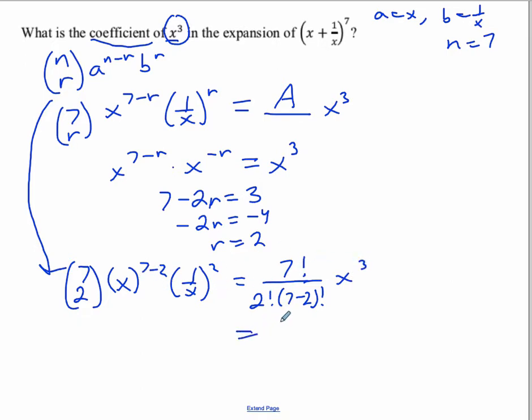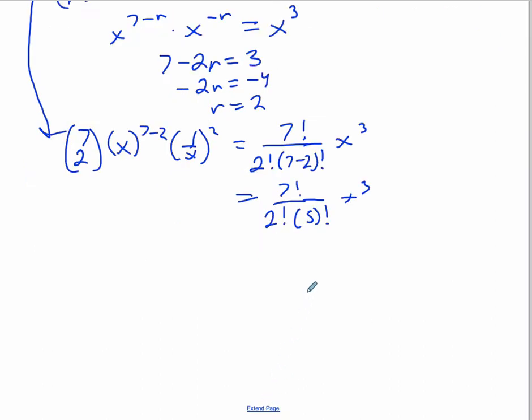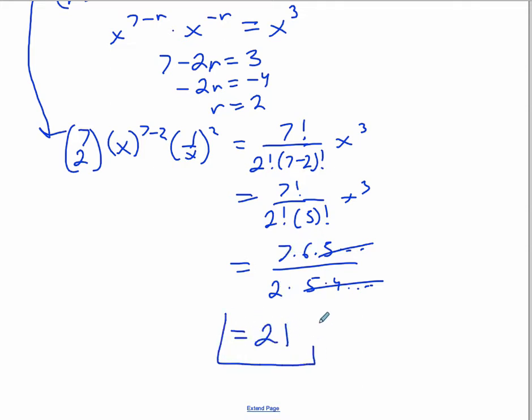So to work this out, this is 7 factorial over 2 factorial times 5 factorial, x cubed. And 7 factorial, recall, is just 7 times 6 times 5, and so on. And this 5 factorial is 5 times 4, and so on. So this 5 factorial cancels with this 5 factorial. We have 7 times 6 over 2, which is just 21. So that is the coefficient. That's the number in front of the x cubed, is 21.